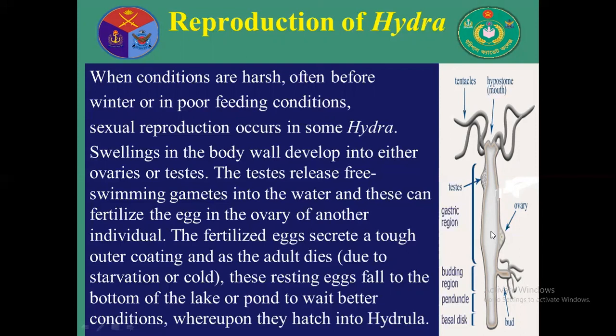When the weather is better, they break down their cyst and a larva comes out. The larva's name is hydula. After some time, this hydula matures and grows into a big hydra.